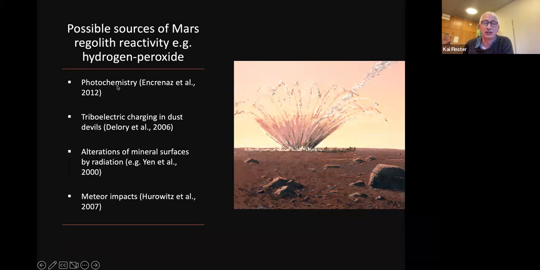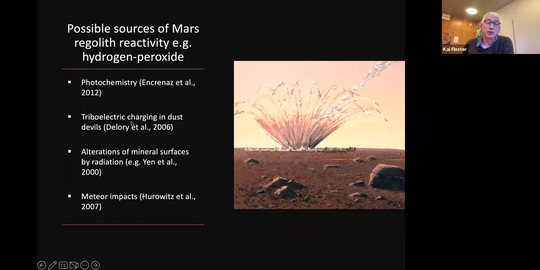One is photochemical reactions in the atmosphere. You know that there is water on Mars, and there's also water vapor in the atmosphere, and that could be oxidized due to the high radiation, UV radiation, cosmic rays. Hydrogen peroxide could be produced, and over many million years, it could diffuse into the soil or regolith and then accumulate there.